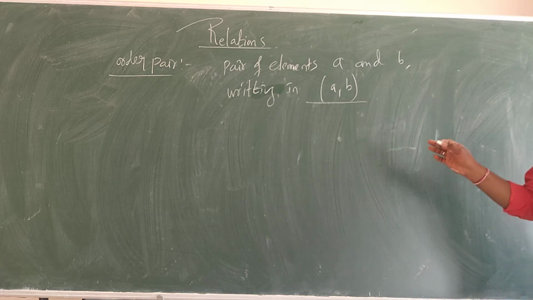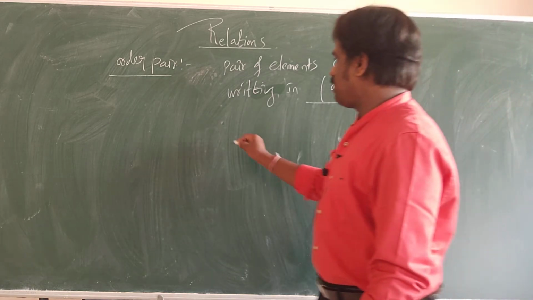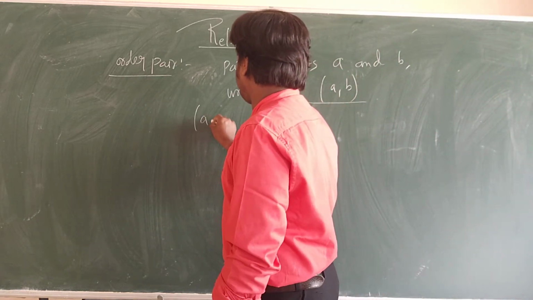If you are writing two elements in such an order, it is called an ordered pair.